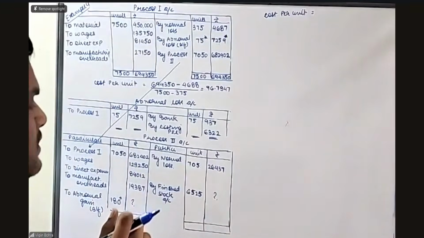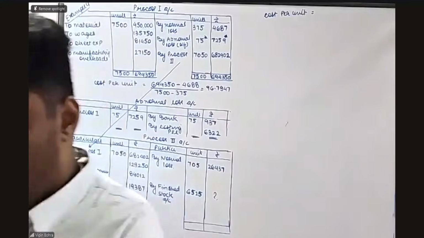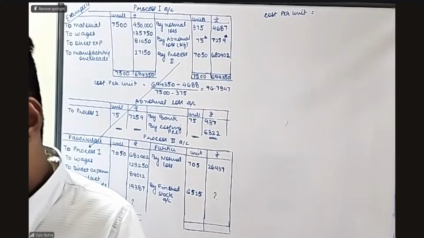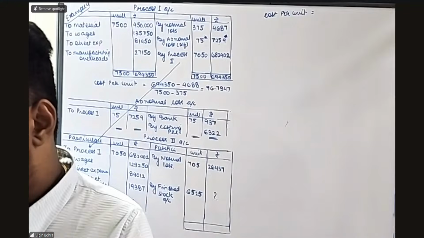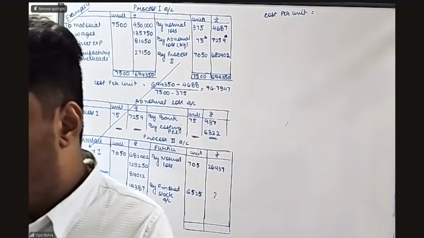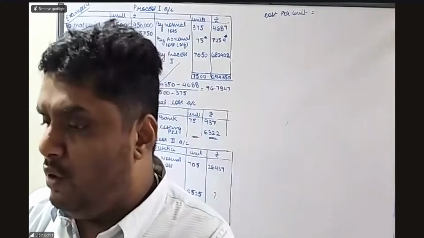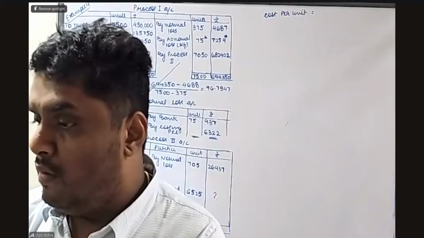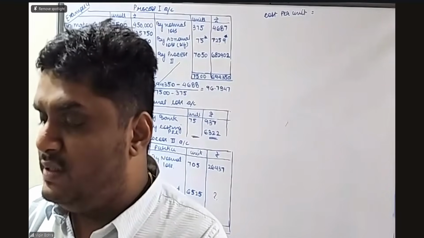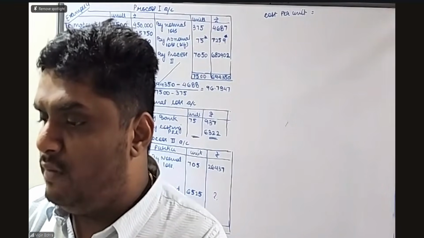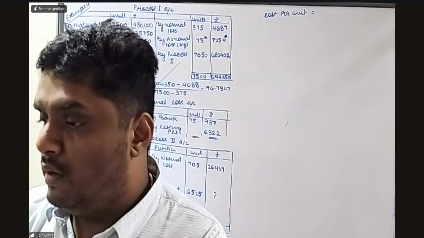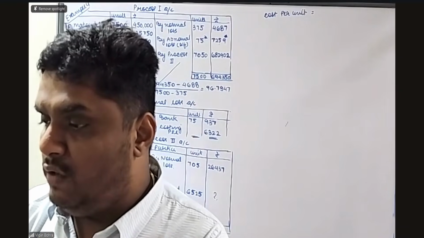The total cost: if it is more than 0.5 we will round off, if it is 0.6 and onwards we will round off. It's up to you, you can take either of the ways.